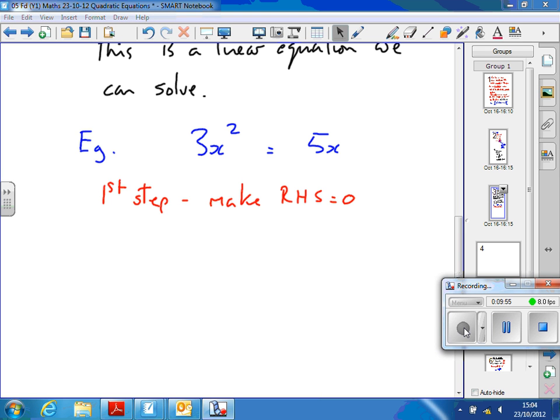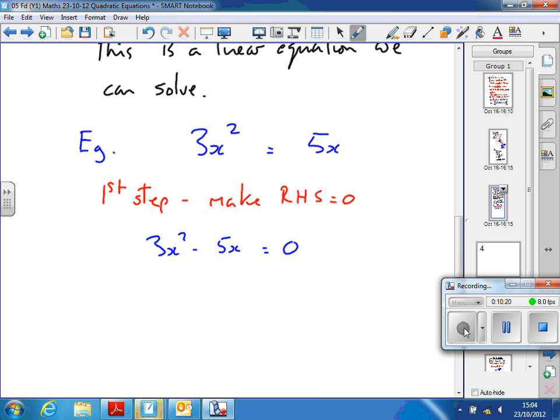So the first step: the right-hand side must be 0. So shift everything that's on the right-hand side over to the left, and we end up with 3x squared minus 5x equals 0. Now what do we do? Right, factorise it.